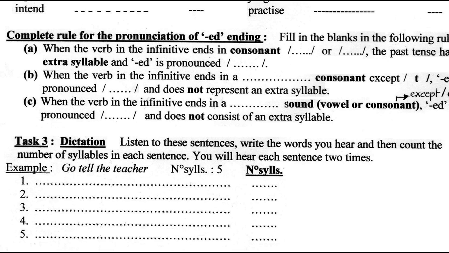So how many syllables do we have in this sentence? You count, you make a pause if you would like to do so, and you count the number of syllables. Yes, we have 12 syllables. We count them together.